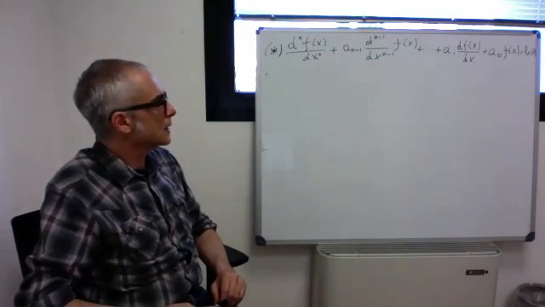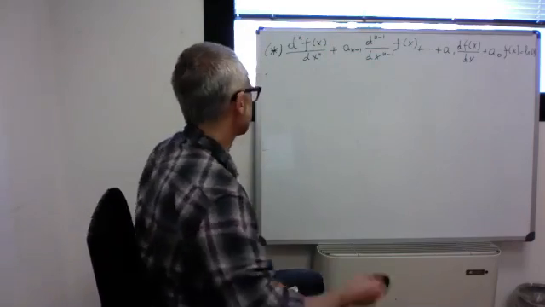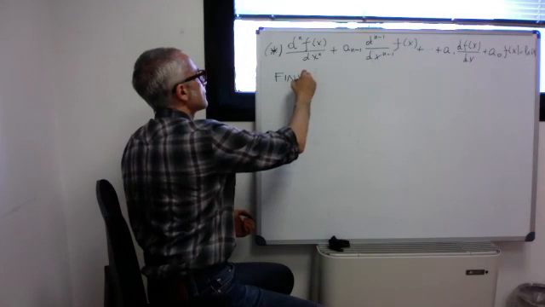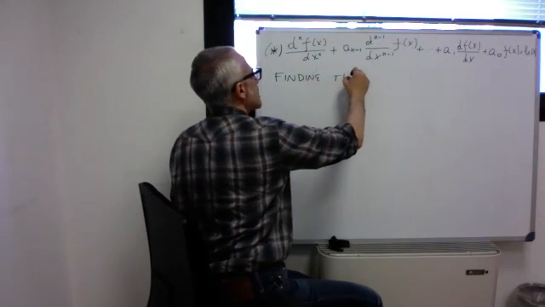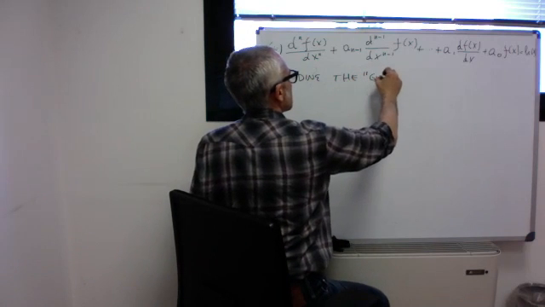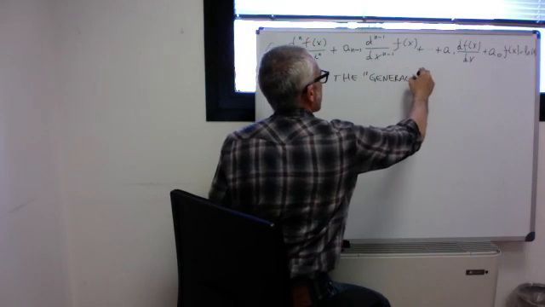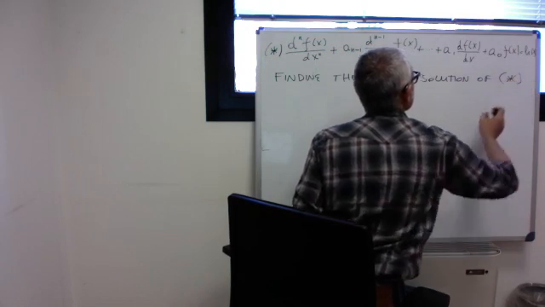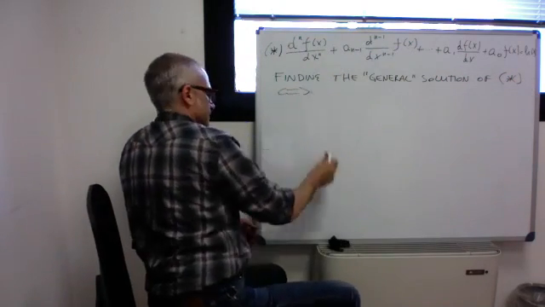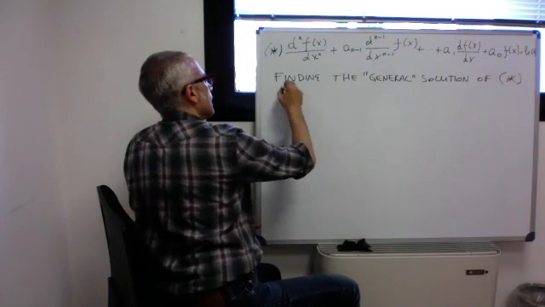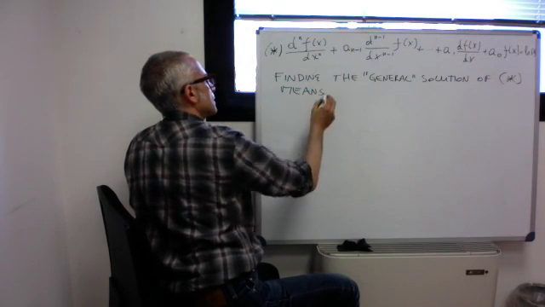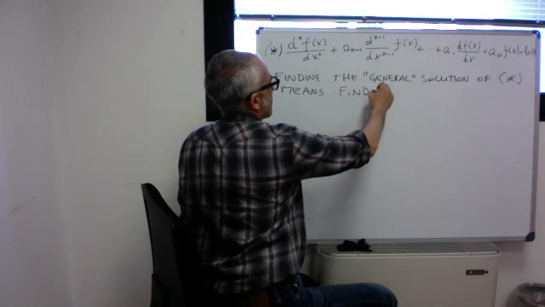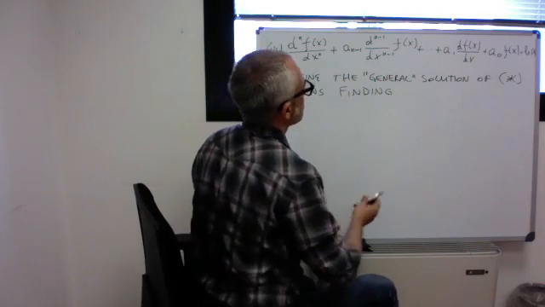So what I try to convince you of at this point is that finding what we call the general solution of equation star here means finding a solution that contains an arbitrary constant.